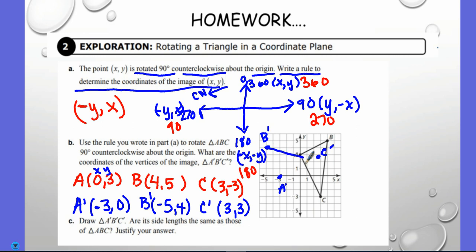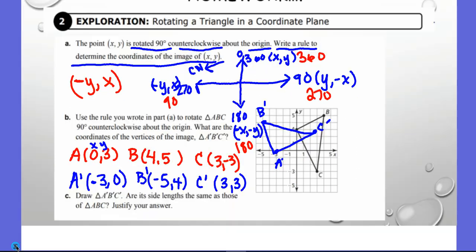This is rotating that figure 90 degrees, I'm sorry, counterclockwise, which means you're turning the figure to its left about the origin. If we were going clockwise, we'd turn it to the right about the origin.